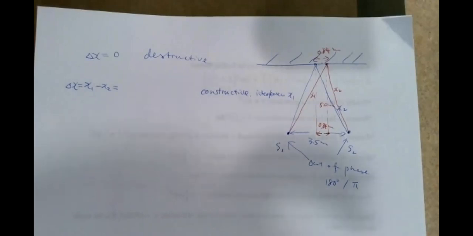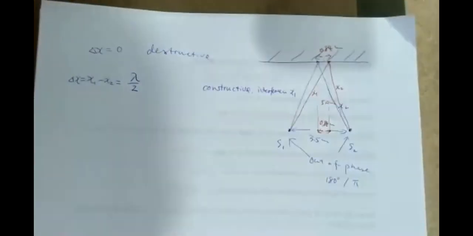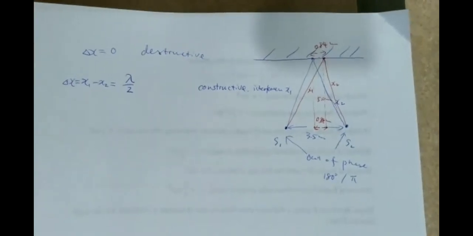So when he moves by that amount, he hears this first constructive interference. That means the difference in their paths, x1 minus x2, is equal to 1/2 lambda to hear the constructive interference.